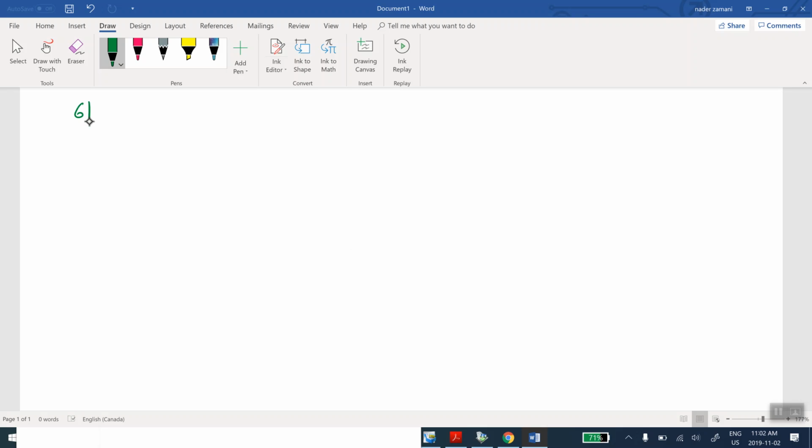61, it says let g of x be equal to cosine of x.